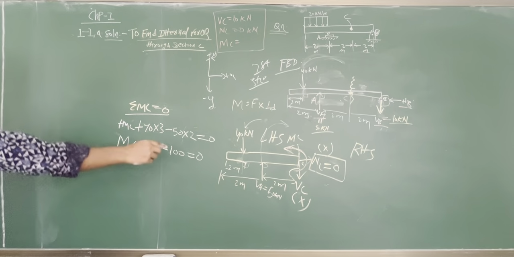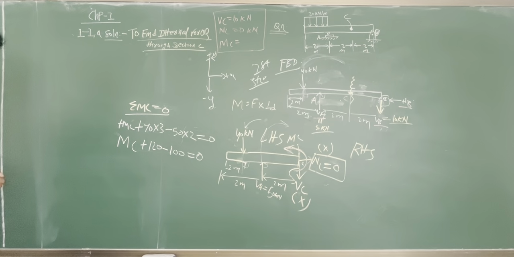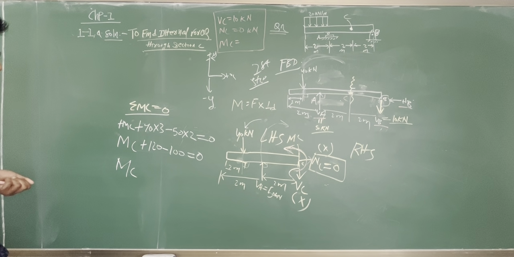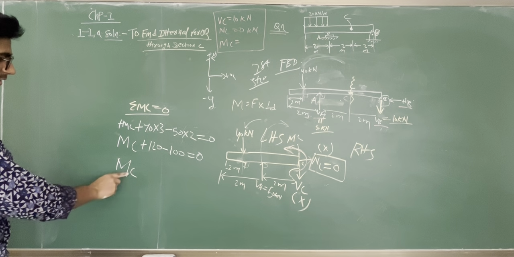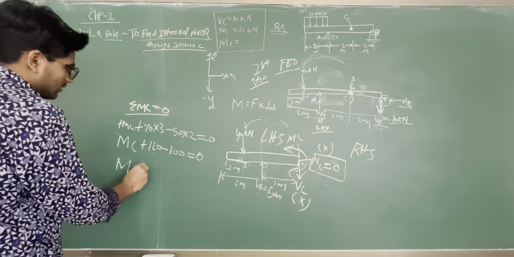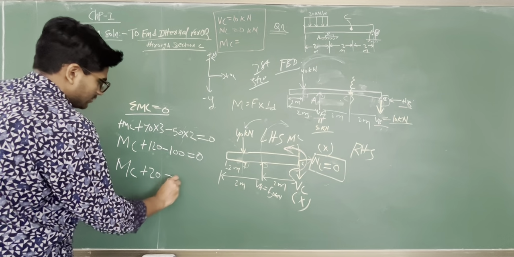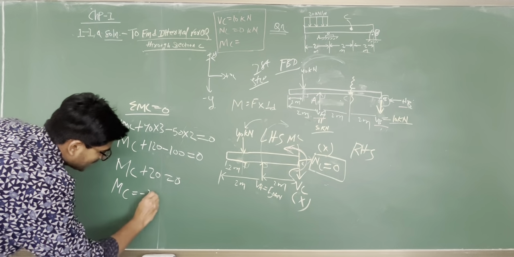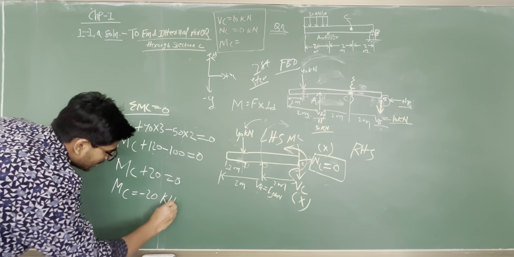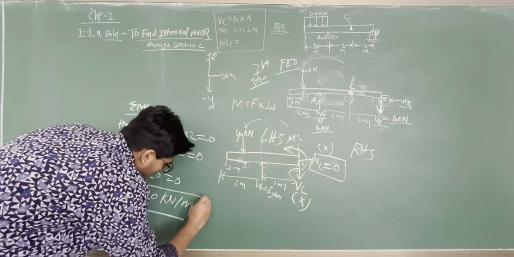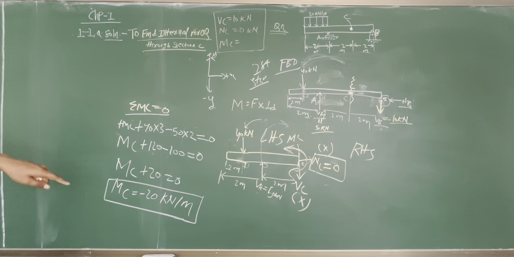So if we find MC, MC equals 120 minus 100, that will be plus 20 equals to 0. So MC equals minus 20 kilonewton per meter. So what we get: moment at C equals minus 20 kilonewton per meter.